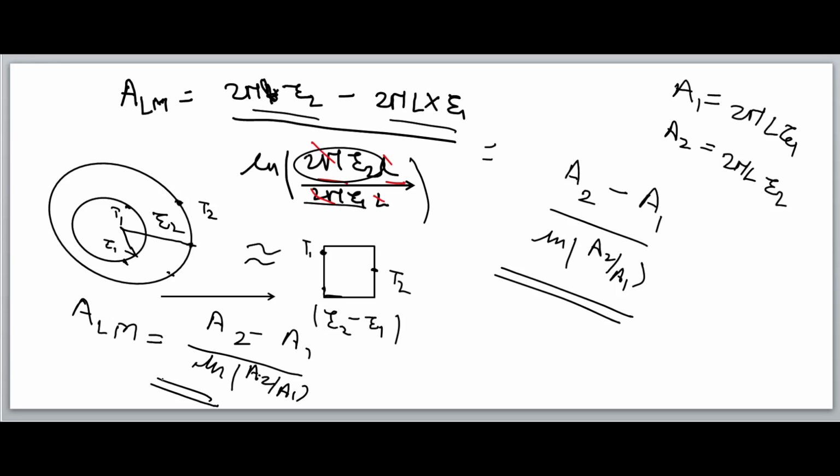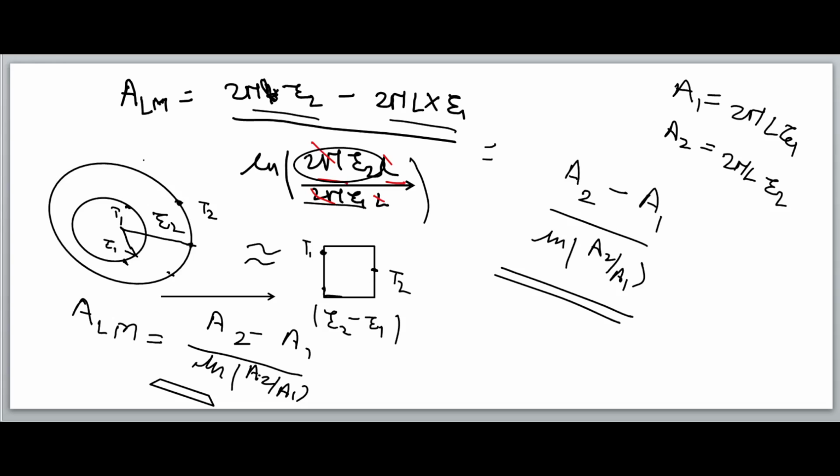Instead of considering the cylinder, we simply consider a slab of thickness R2 minus R1, and area equal to the log mean area of this cylindrical surface. Then we will get the exact heat transfer that will occur. Simply we are using the equation of a slab with area as log mean area and thickness as R2 minus R1, that is the thickness of our cylinder.